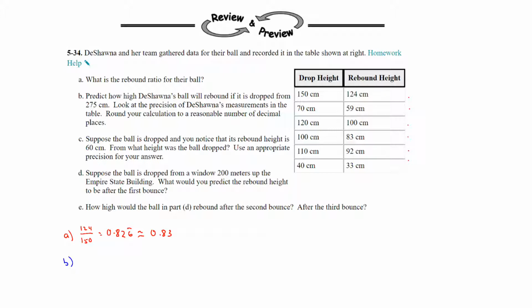On B, it says, predict how high Deshauna's ball will rebound if it is dropped from 275 centimeters. Look at the precision of Deshauna's measurement in the table. Round your calculation to a reasonable number of decimal places. So if we know the drop height is 275, what will be that rebound height?